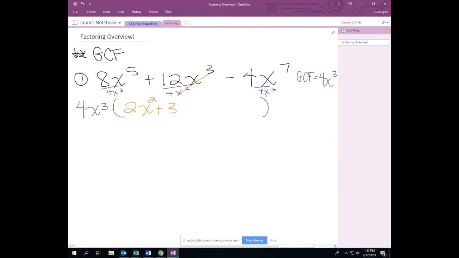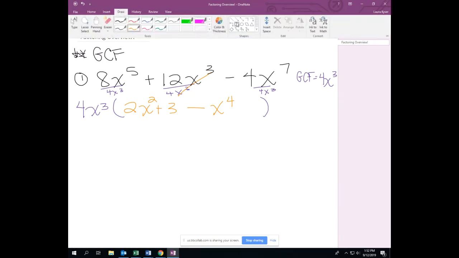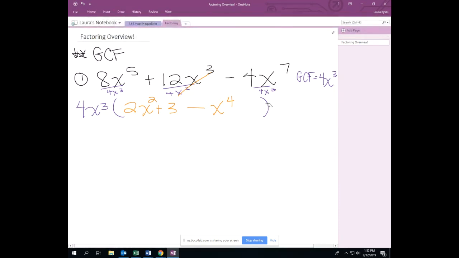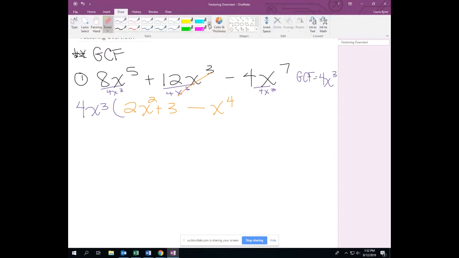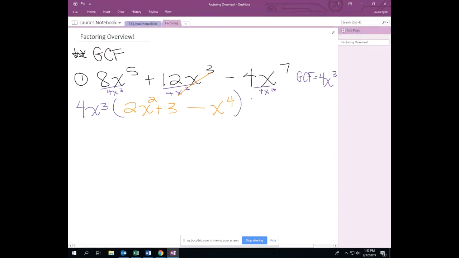Negative 4 divided by 4 is negative 1. And then x to the 7th divided by x cubed is x to the 4th. And that's way too far over, but you kind of get the idea. Where's my eraser? I'll get rid of it and fix it. So whatever's left over once you complete all the division is what goes inside the parenthesis.